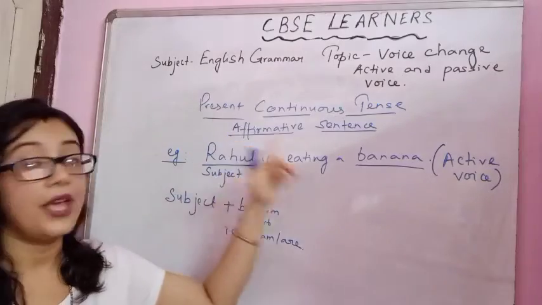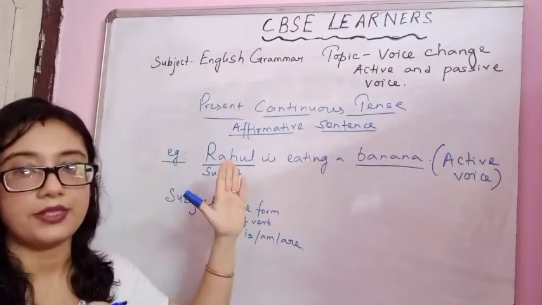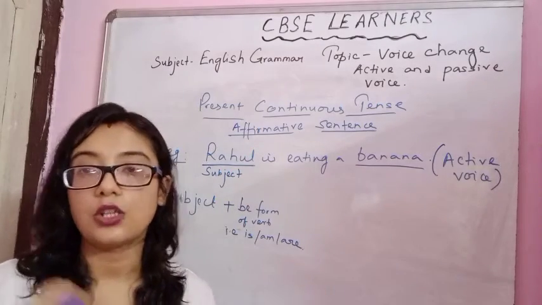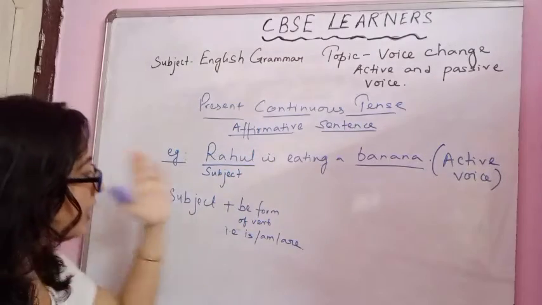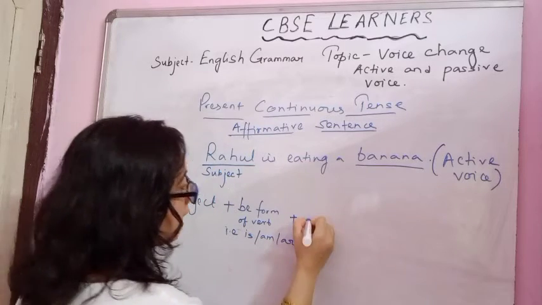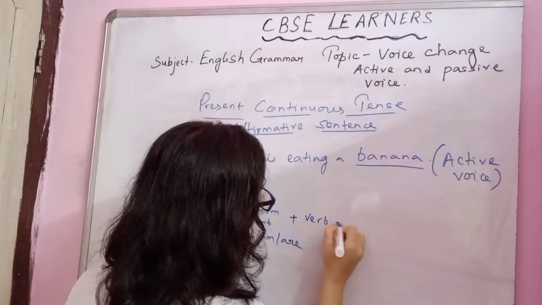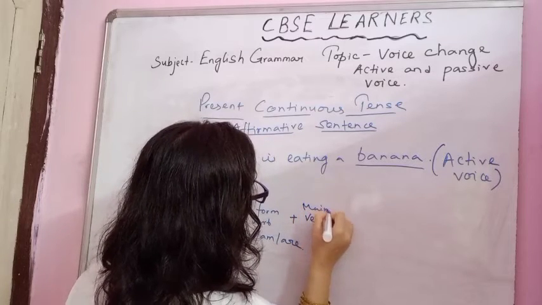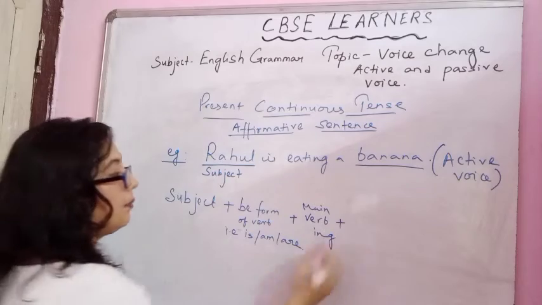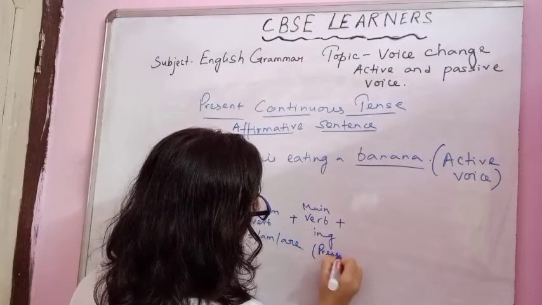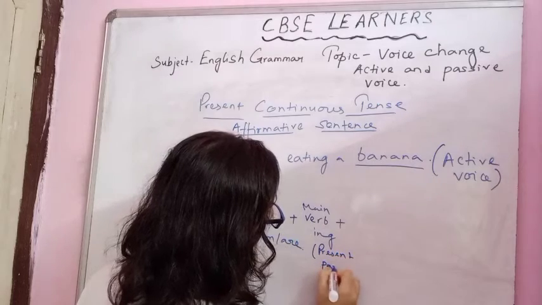Why? Because this is in present continuous tense. And if this was in past, then we would have used was or were. So here we have used be form of verb plus verb plus ing. The main verb plus ing, or you can call this the present participle.